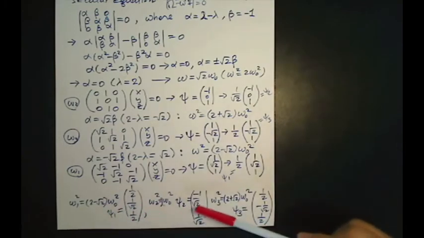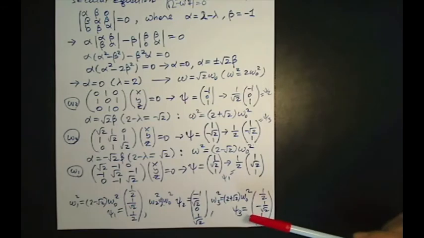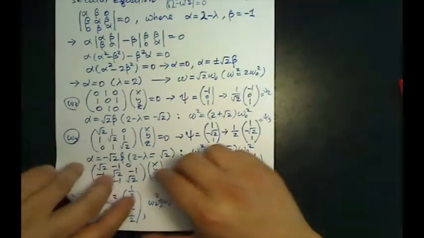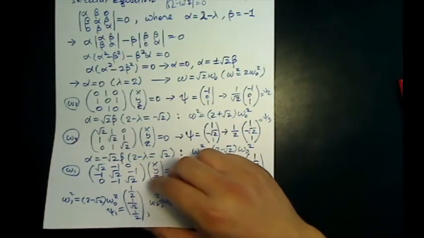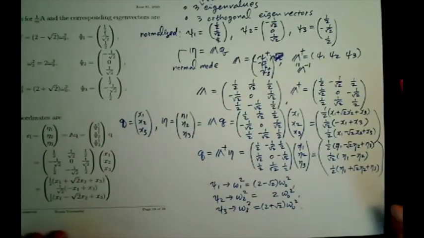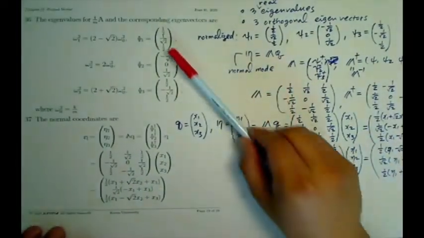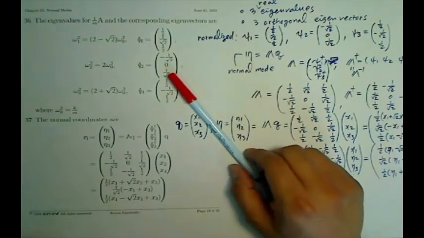So once we find out those eigenvectors, we can construct a matrix that diagonalizes the mass matrix and potential energy tensor. Now we have obtained these eigenvectors.